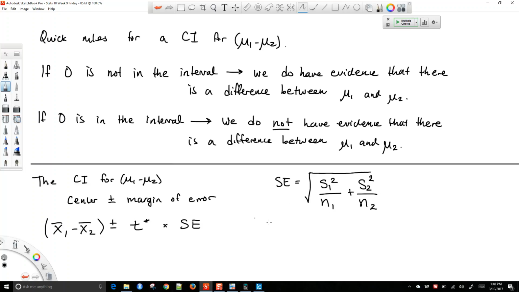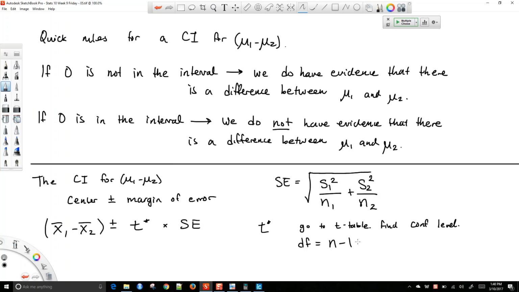As far as the t star goes, you go to your t-table and find the confidence level. Then degrees of freedom is equal to n minus 1.